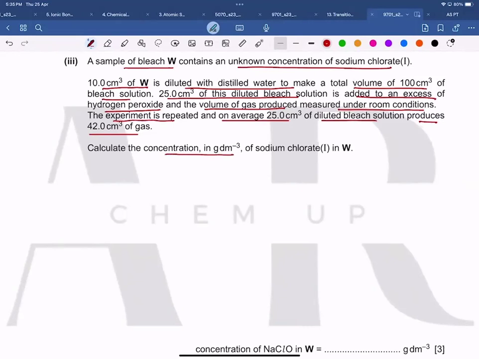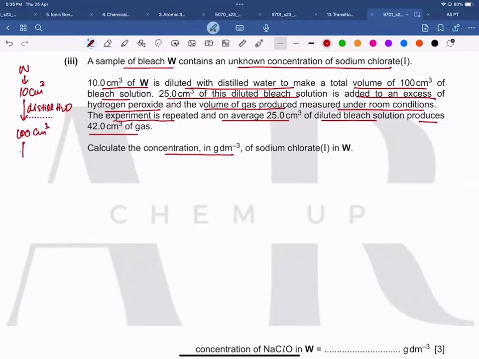Okay, sometimes students lose the whole thing, so if you make a little summary from this, then it will be very easy for you. So see what they are saying initially, that you have a W, you took out its 10 cm³. And then that 10 cm³ is mixed with distilled water. And as a result, 100 cm³ of solution is prepared.